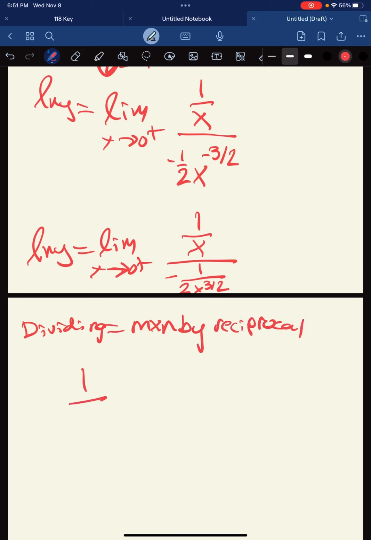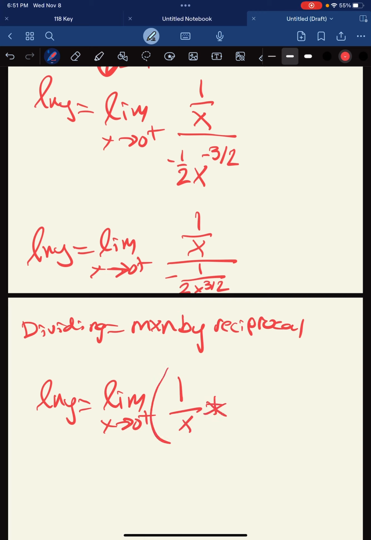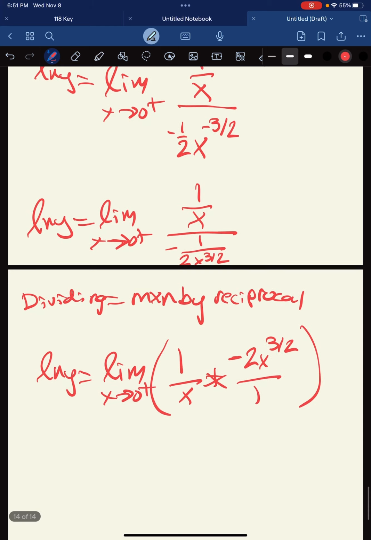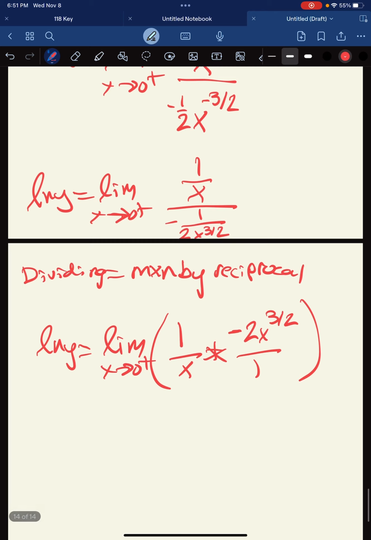So we got 1 over x, so sorry, I should say ln y equals limit as x approaches 0 from the right of 1 over x times negative 2x to the 3/2 divided by 1. So this equals negative 2x to the 3/2 divided by x.